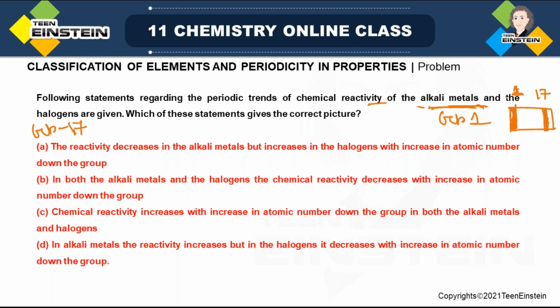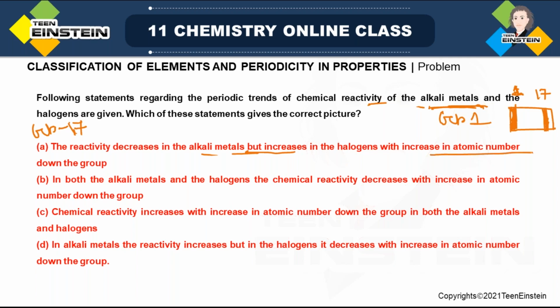Now the following statements regarding the periodic trend of chemical reactivity of alkali metals and halogens are given. Which of these statements gives the correct picture? The first statement says the reactivity decreases in the alkali metals but increases in the halogens with increase in atomic number.